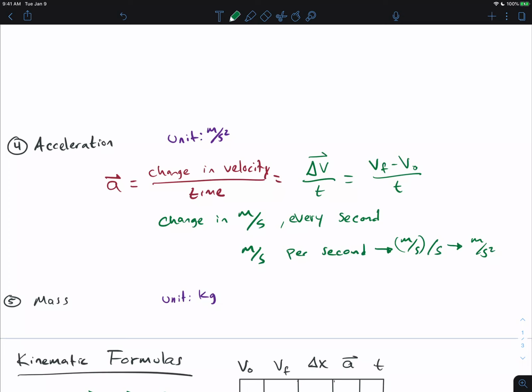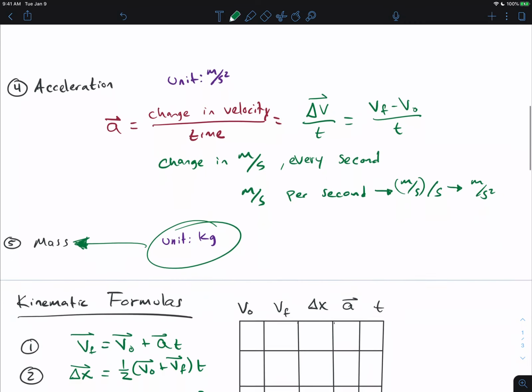You're the same amount of stuff always. But your weight can change if there's gravity or no gravity, right? So mass is something we're going to be using a lot later on. The important thing to point out is that my standard unit for mass is kilograms, okay?